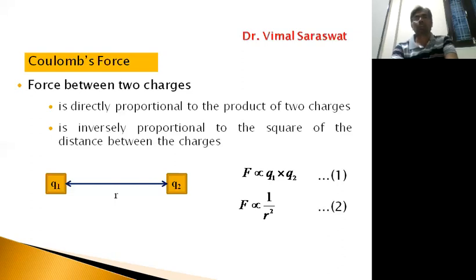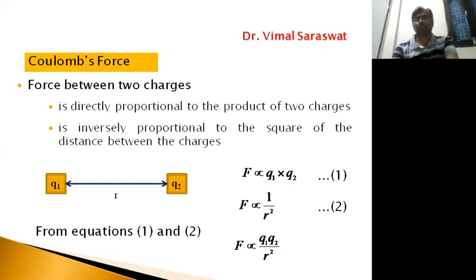Equation 2. Now if we combine these two equations, then F is directly proportional to Q1 Q2 upon r square. When we eliminate the proportionality sign, there is always an equal to sign and a constant of proportionality.